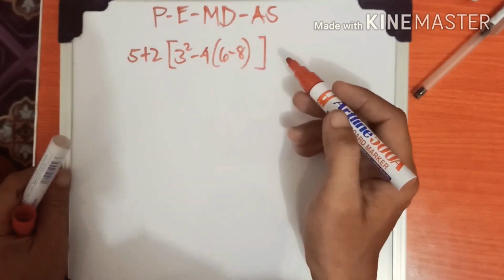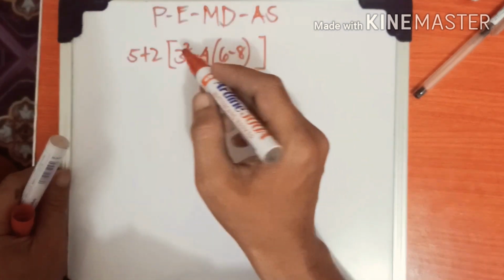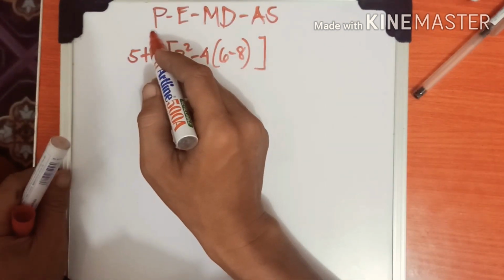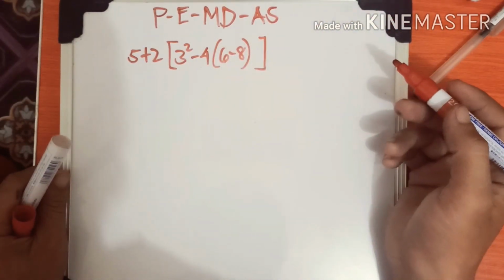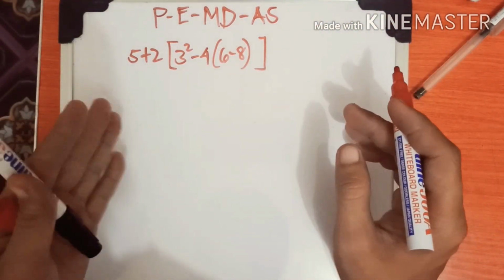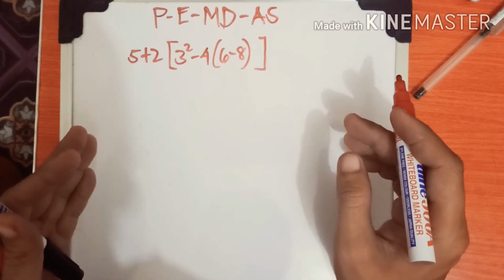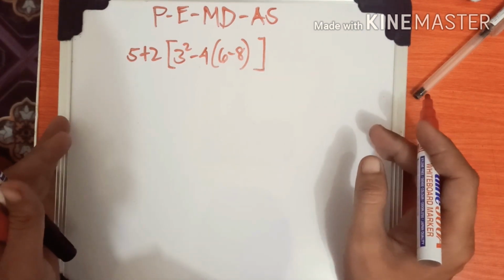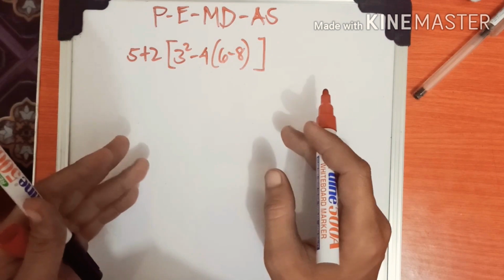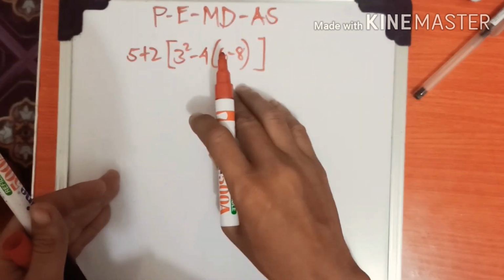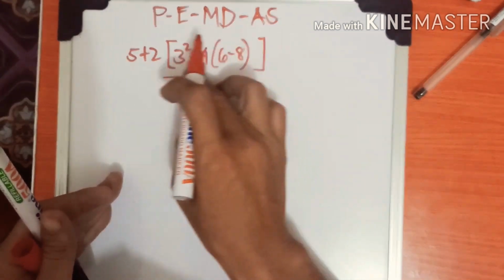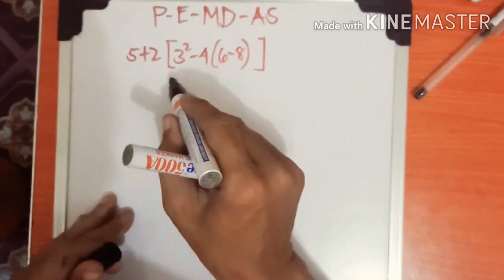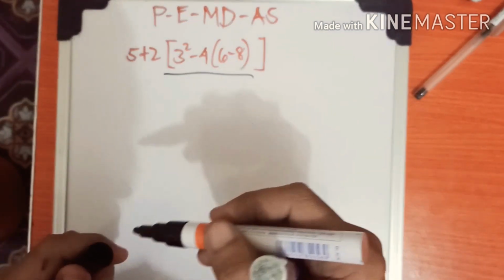That is PEMDAS, and the first, P, represents parentheses. What I said in my first video is that parentheses also involve grouping symbols. And this is the problem. That is an example of grouping symbols.